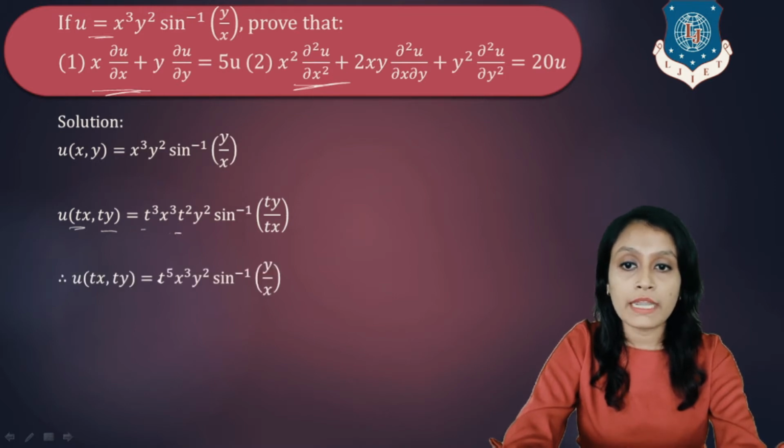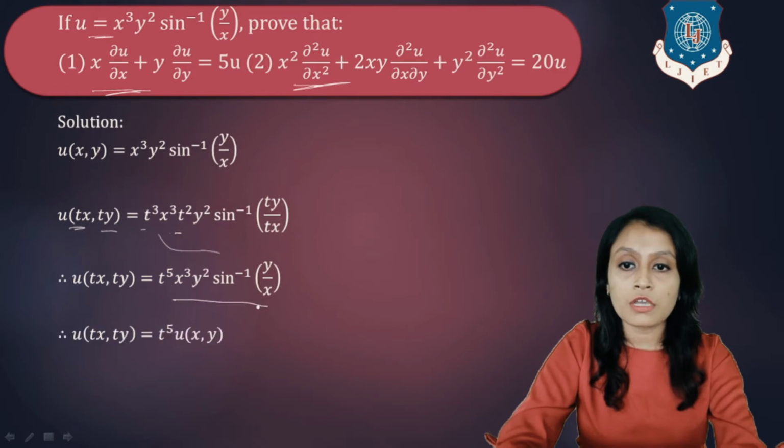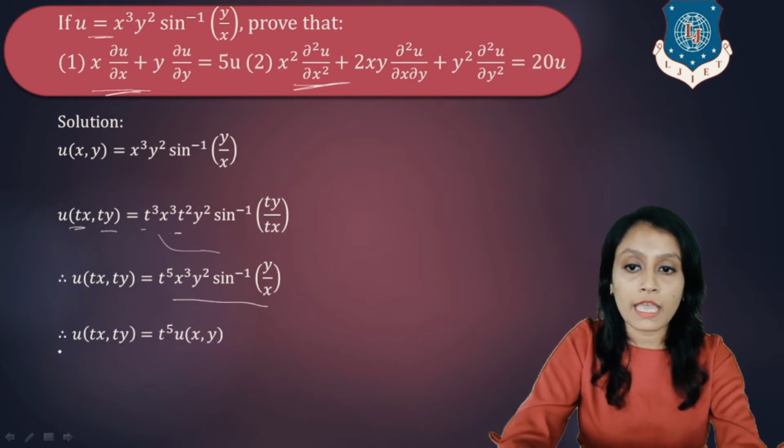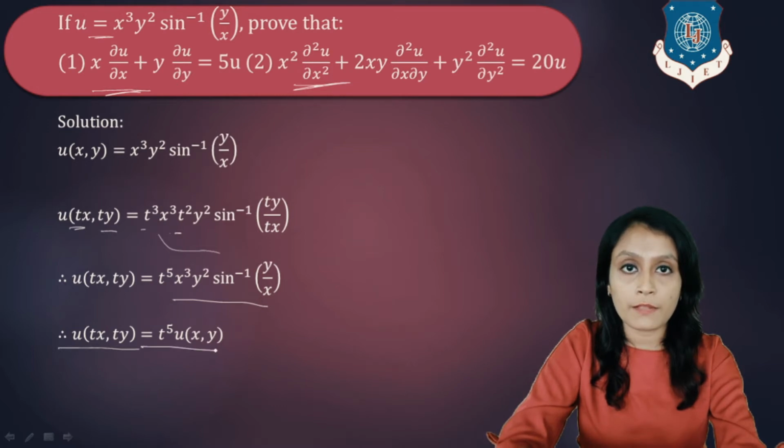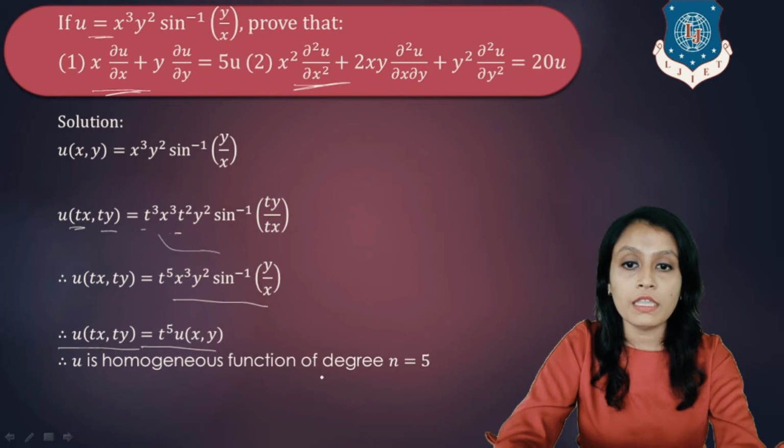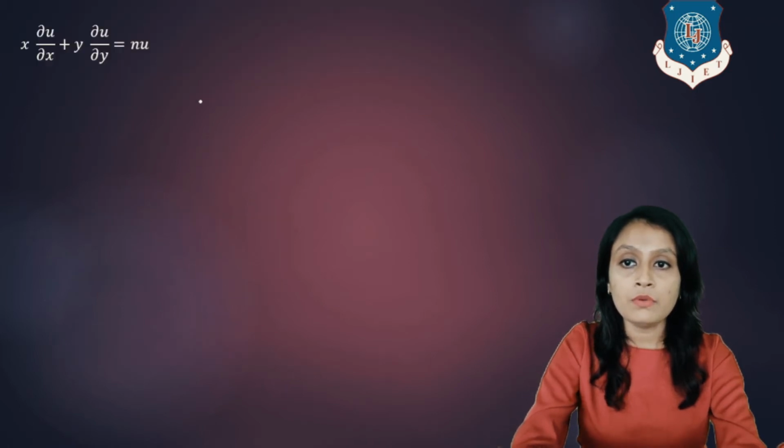From this you will get t raised to 5, and all the other terms as they are, that is x^3 y^2 sin^-1(y/x). Now this is your function u(x,y), right? So we have u(tx, ty) = t^5 u(x,y). Therefore we can say that u is a homogeneous function of degree 5. Now we have to find this, that is x ∂u/∂x + y ∂u/∂y.